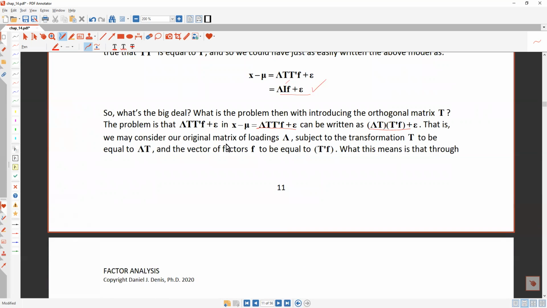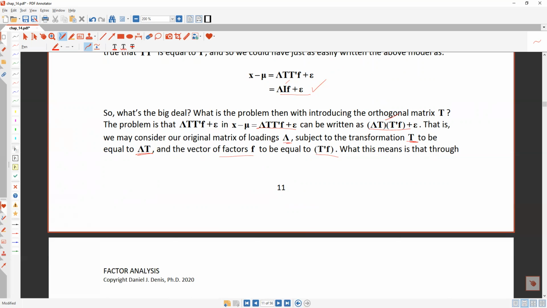So we can consider our original matrix of loadings subject to the transformation T to be equal to the loading matrix times T, and the vector of factors to be equal to T times T prime. That's exactly what we wrote here.